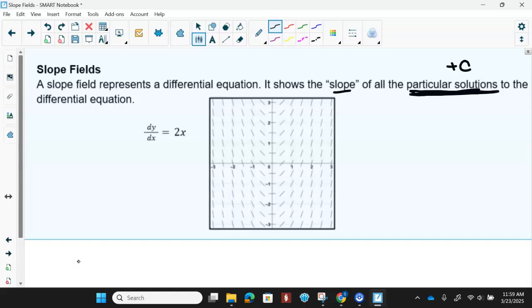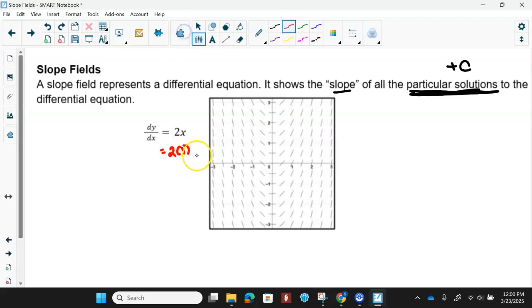We used a specific point to figure out what that plus c was. So like here, for example, this is the slope field of dy dx is equal to 2x. So what we're saying is, notice right here at the point 1, 0, well, x is 1. So if I were to substitute 1 here for x, notice how I'm getting dy dx, a slope of positive 2.